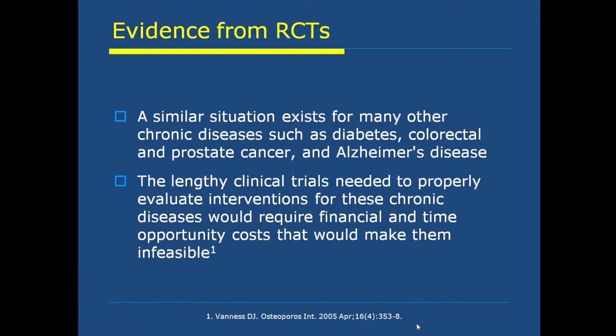A similar situation exists for many other chronic diseases such as diabetes, colorectal and prostate cancer, and Alzheimer's disease, and other diseases also. The lengthy clinical trials needed to properly evaluate interventions for these chronic diseases would require financial and time opportunity costs that would make them infeasible.